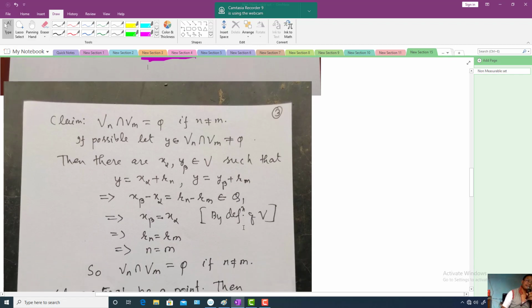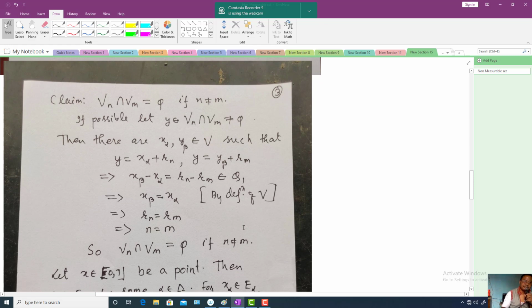Now let us make the first claim. Bn intersection Bm is equal to phi if n is not equal to m. If n is not equal to m, they are disjoint. They are disjoint means this sequence of sets B1, B2, B3 are pairwise disjoint.